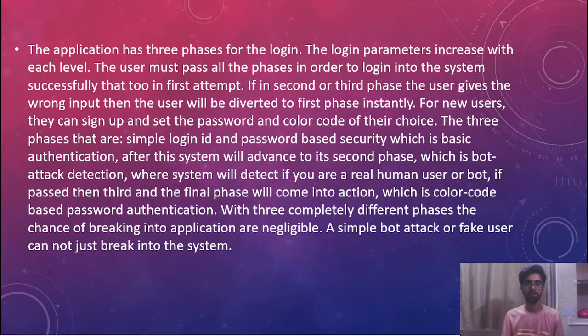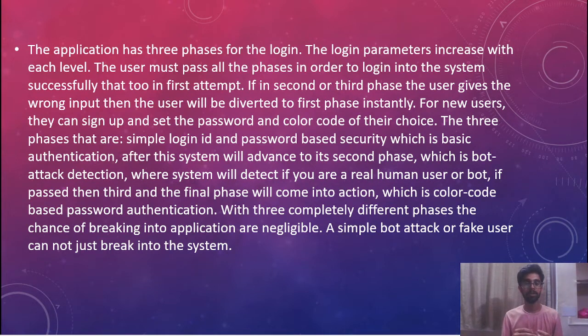A new user can sign up and set the password and color code of their choice. The first phase is simply login ID and password based security, which is text-based authentication. After that, the system advances to the second phase, which is bot attack detection, where the system detects whether you are a real human user or a bot.